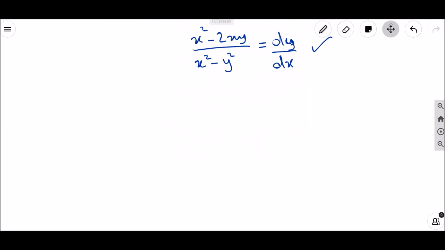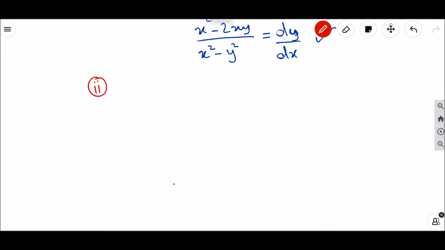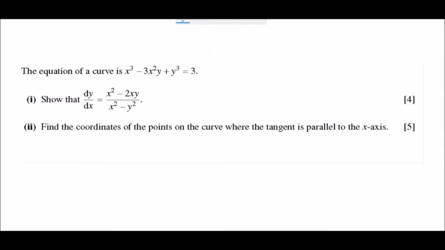Now moving on to the second part. We'll do it in red. In the second part it says find the coordinates of the points on the curve where the tangent is parallel to the x-axis.